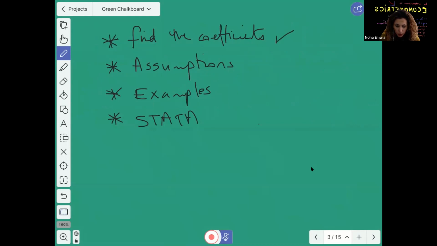So all the derivations that we did at the beginning of today's class are just for your own learning. And we discussed examples. Then we are left with assumptions, and then I'm going to show you Stata. So before we discuss the assumptions, I'm going to give you a break.